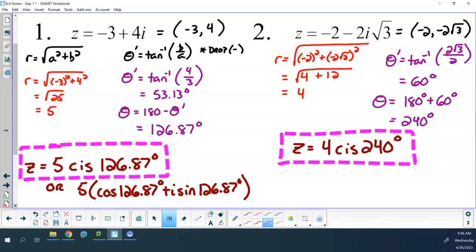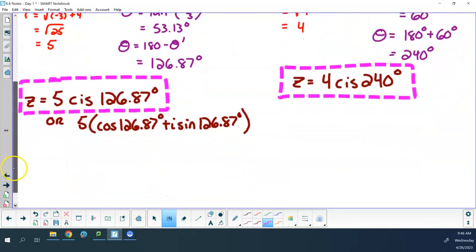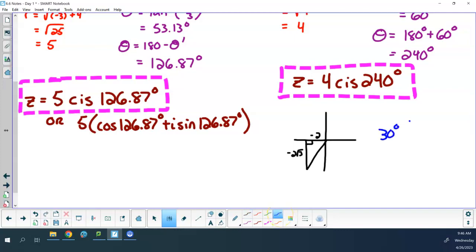Now, way back in geometry, you actually learned that if you have a right triangle and it was -2 there, -2 square roots of 3 there, and it was a right triangle, that if you had this 30, 60, 90 relationship, where if you had this side, we'll call it x, then this side was going to be x square roots of 3, then this side was going to be 2x.